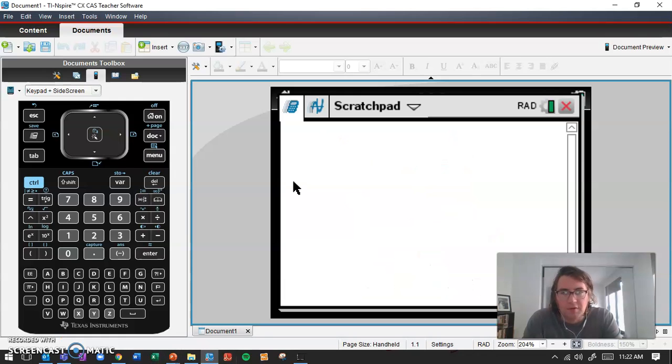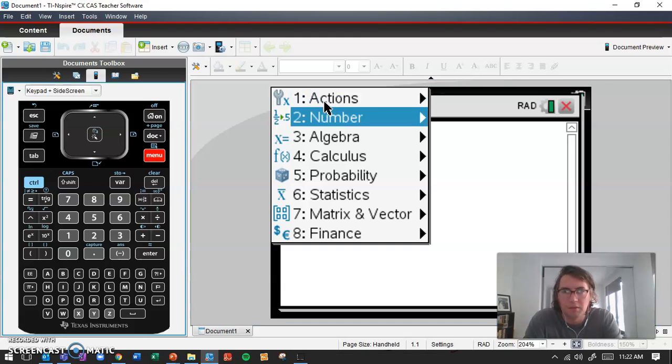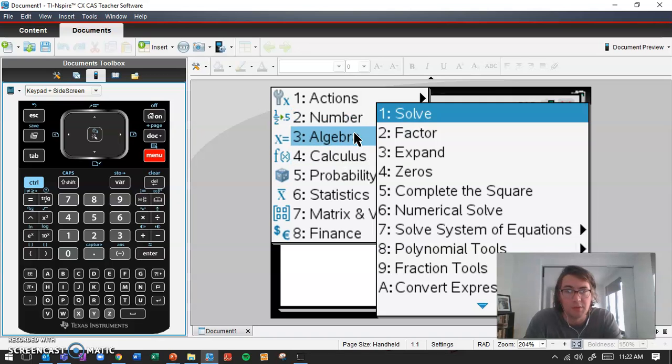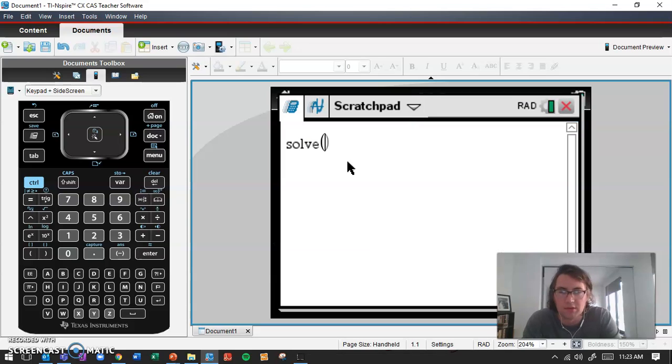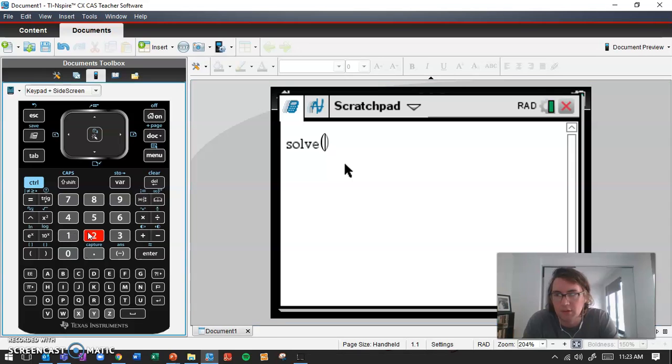Go back to the CAS feature. If I want my CAS to solve that, I need to go menu, algebra, because we're doing some algebra, and I have to use the solve function. So we'll give you solve and some brackets. You then enter your equation: 2x is equal to 5x minus 9.